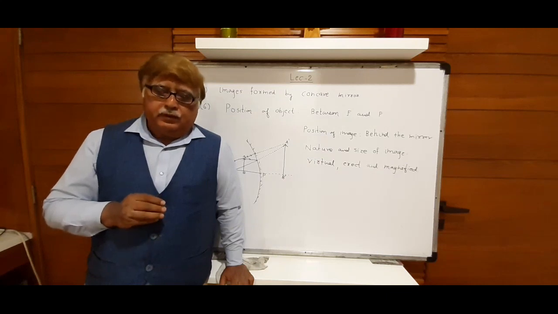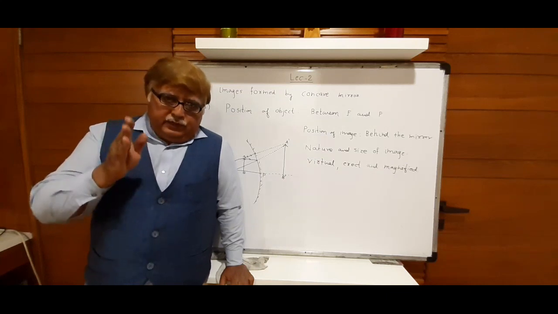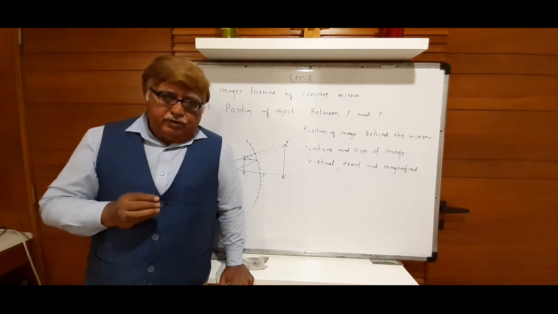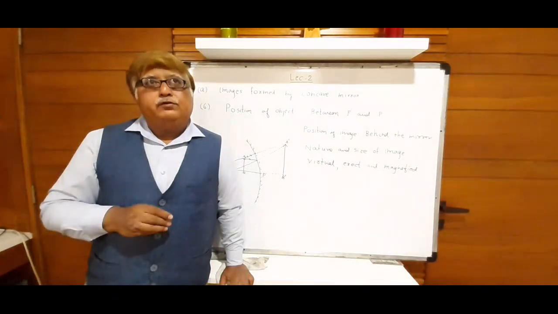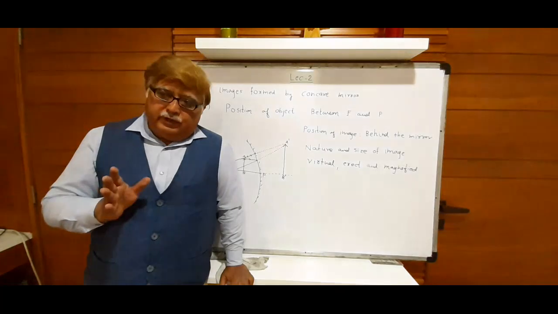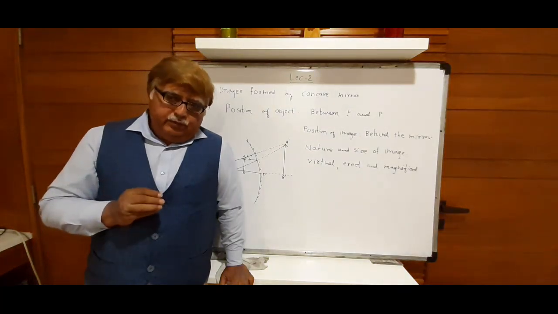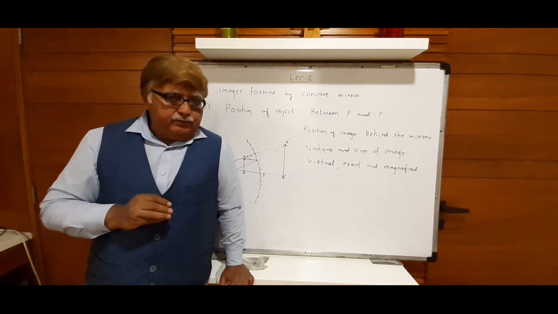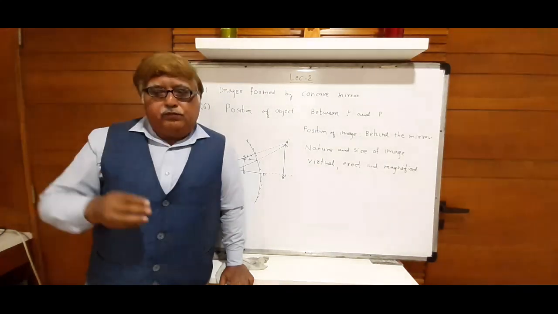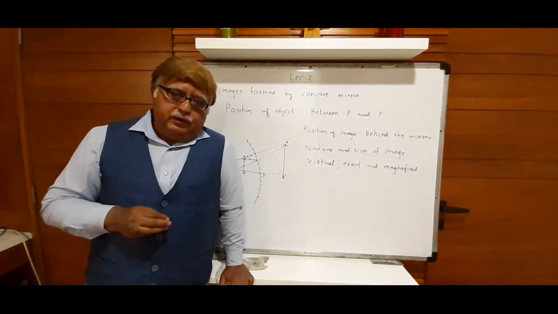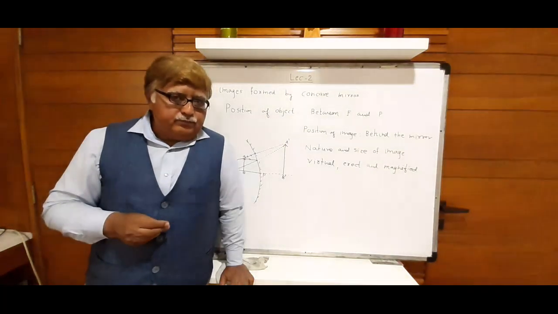Third, object kept at C, the center of curvature, image real, inverted, of the same size. Next, the object was kept between C and F, the center of curvature and principal focus, and the image was real, inverted and larger.